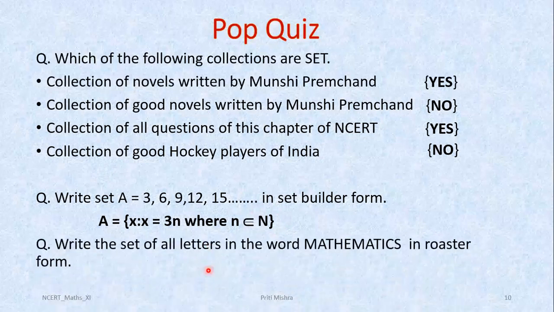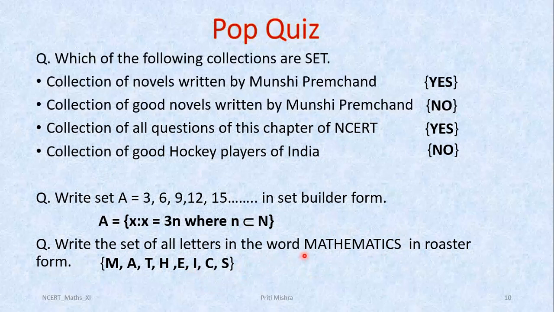Now the last question is: write the set of all letters in the word mathematics in roster form. So how will we write? We just pick each and every letter, but once only, meaning we can't repeat a letter while framing a set. So here, many letters are there in this word.